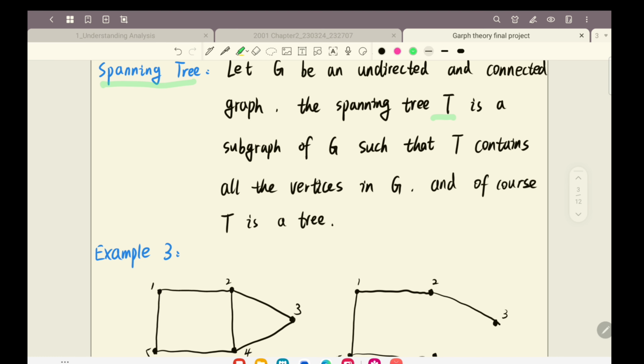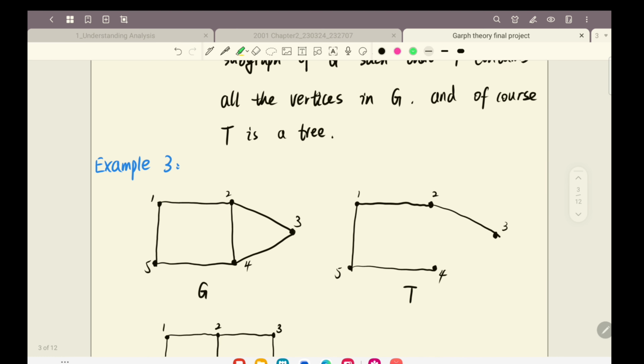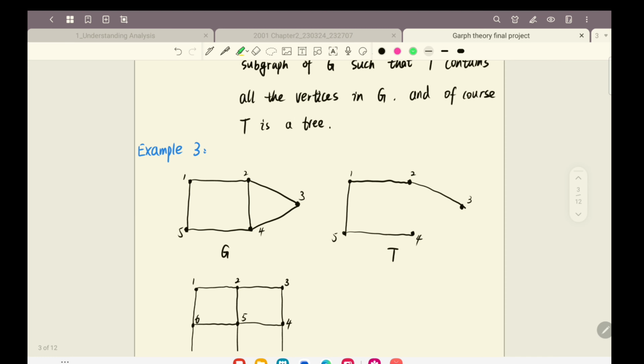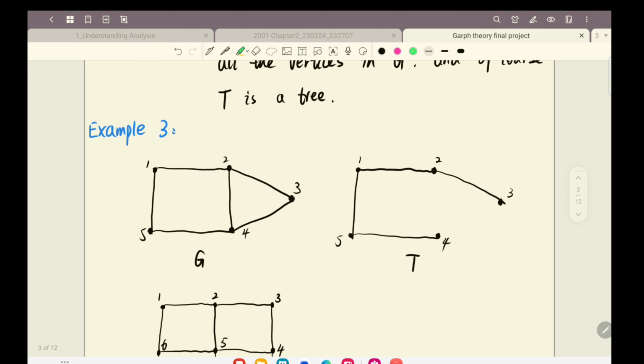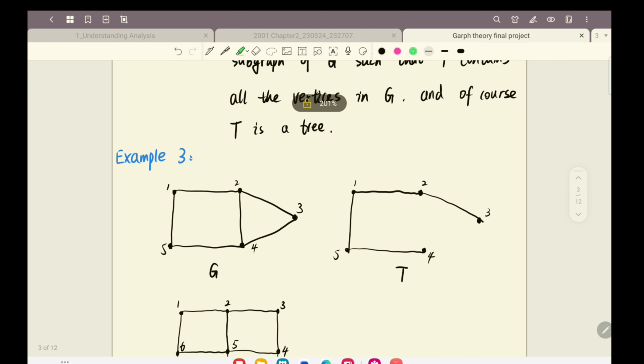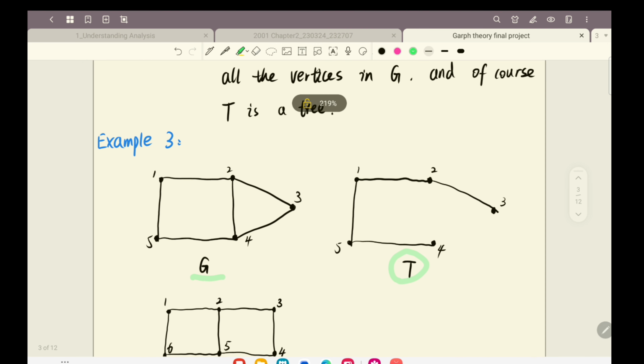So for example, in graph G, if we want to make a spanning tree, we can draw this way. I have drawn T in advance, but we can't connect 3 to 4 because it will make a cycle. That's not the definition of a tree.